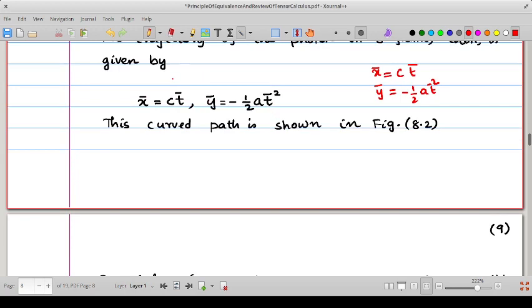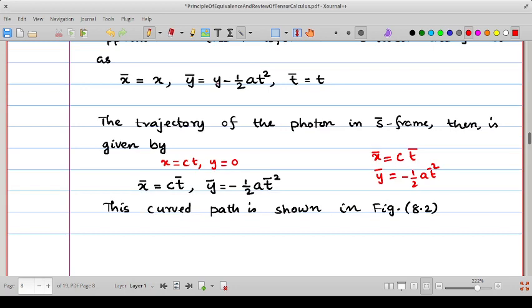Whereas in the frame S, x is equal to c t and y is equal to 0. So this is what gets transformed to that.